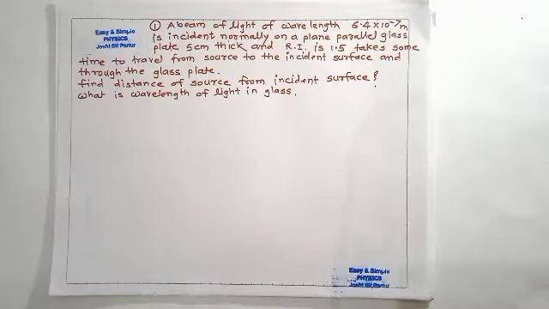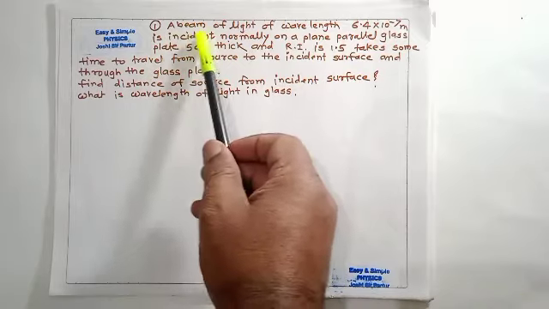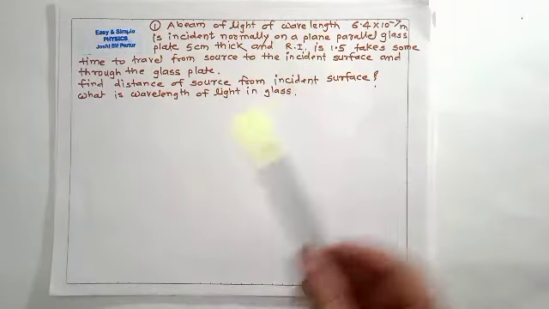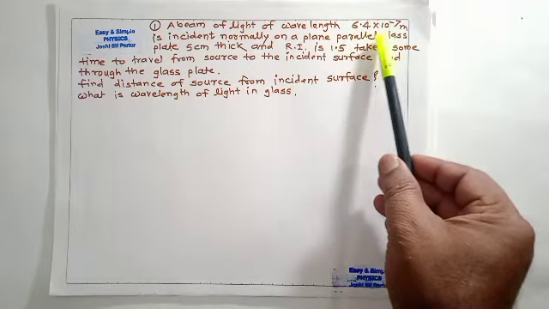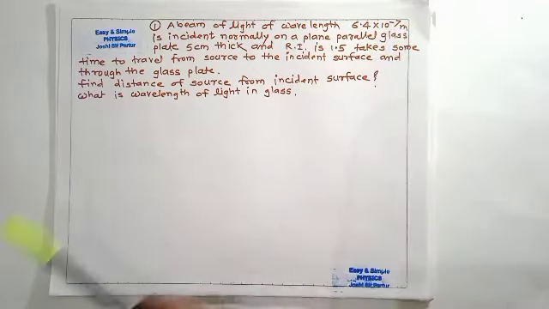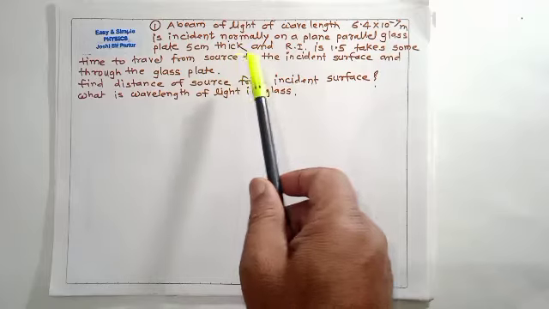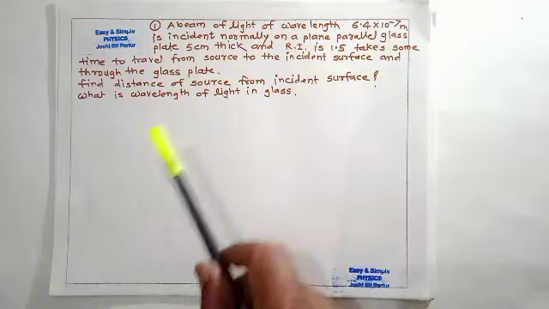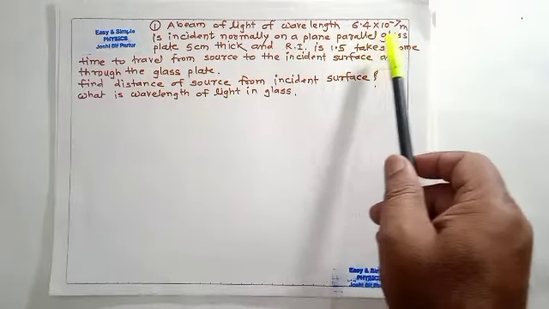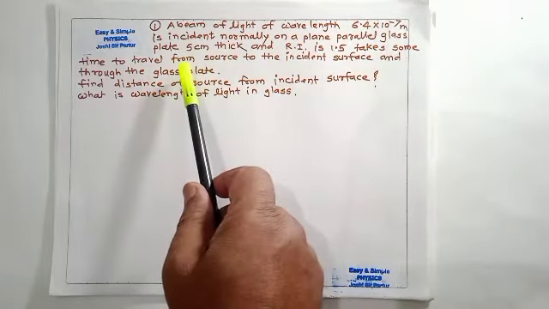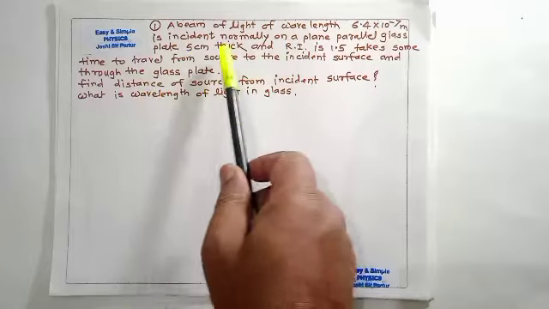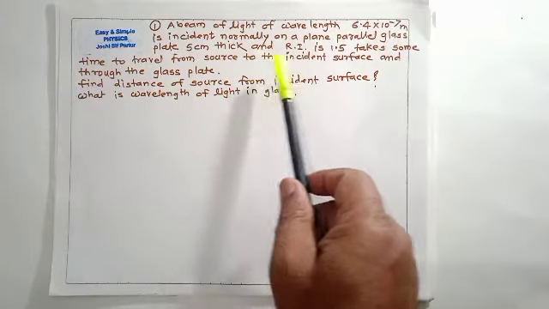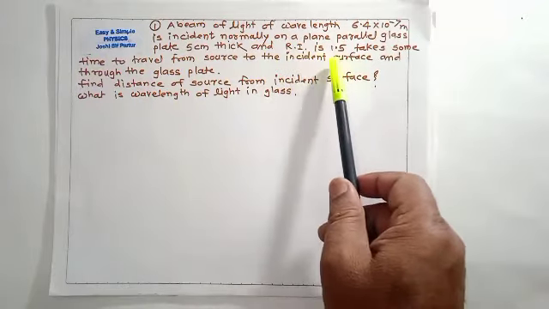The first example is given: a beam of light of wavelength 6.4 into 10 to the power minus 7 meter is incident normally on a plane parallel glass plate 5 centimeter thick, and refractive index is 1.5.